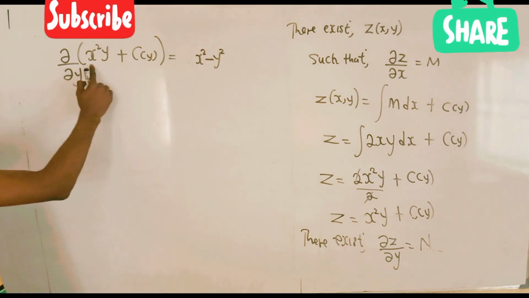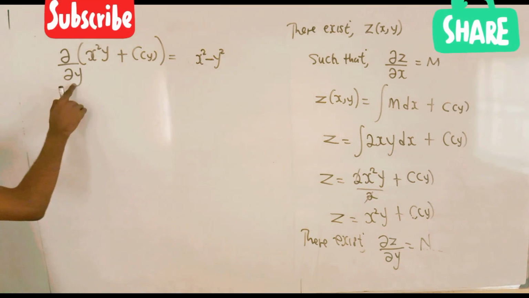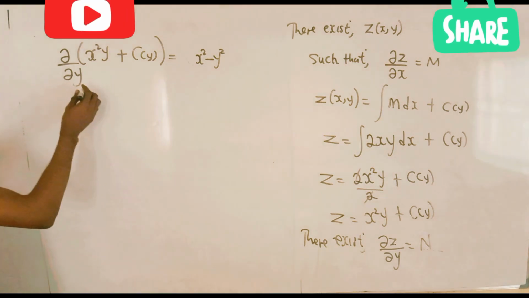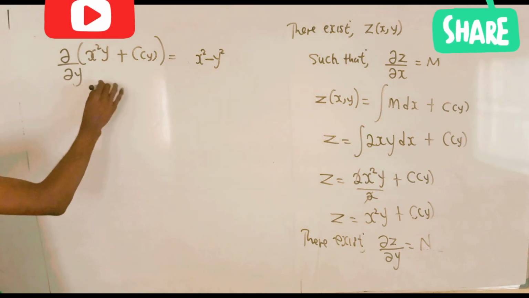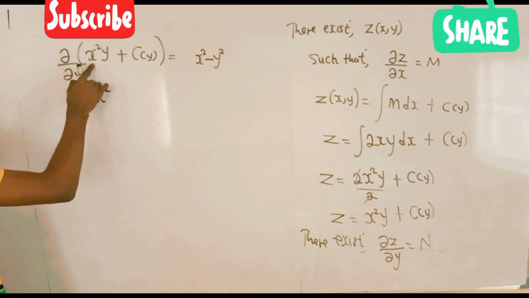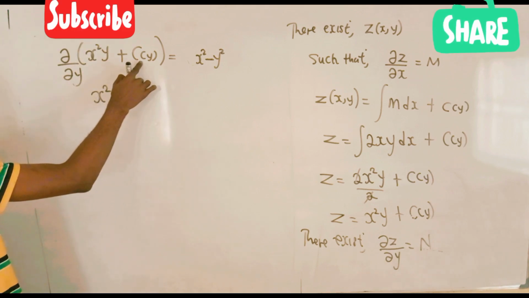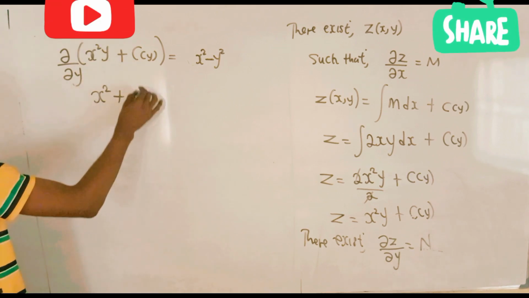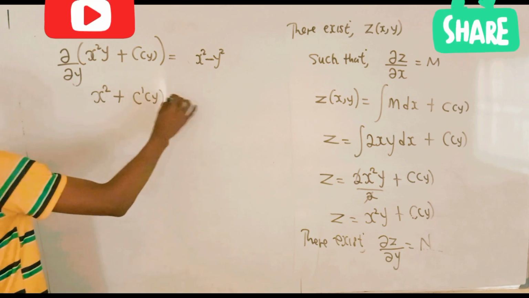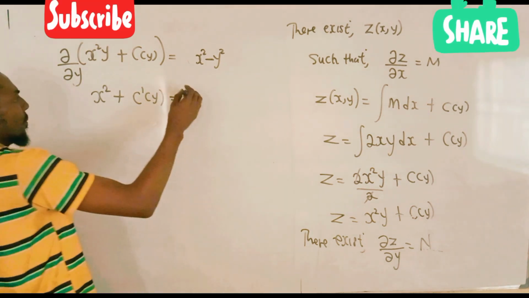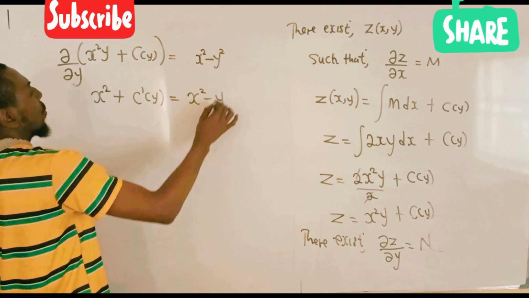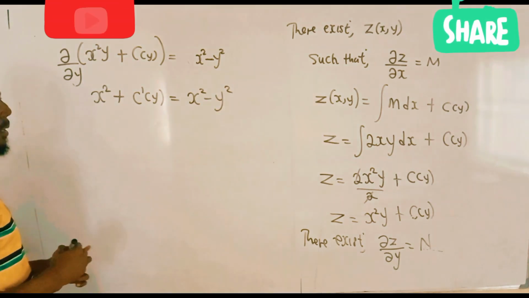The partial derivative with respect to y gives us x squared, because differentiating y is 1, plus c prime of y, equal to x squared minus y squared, which is the value of N.